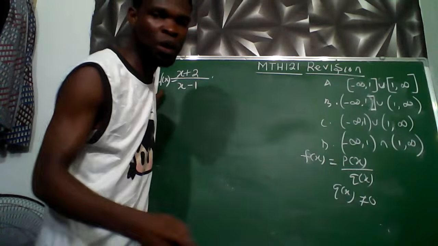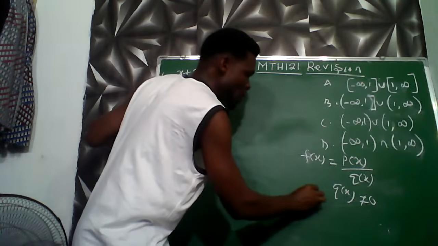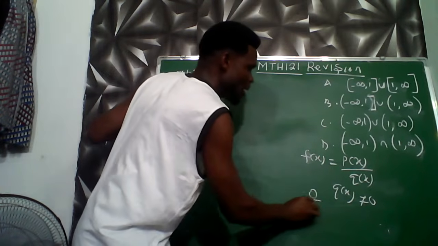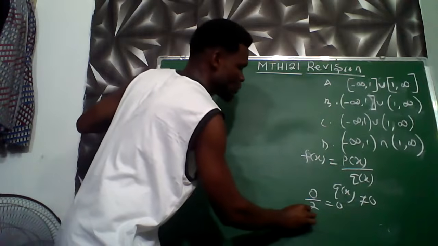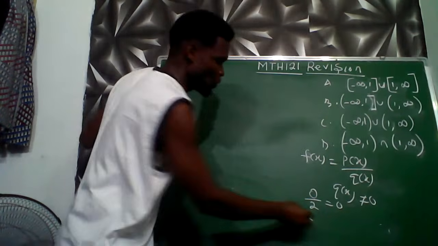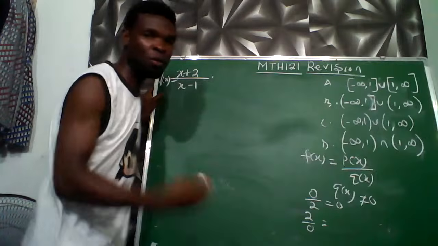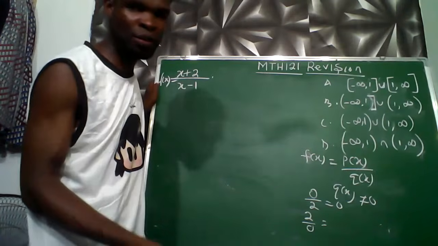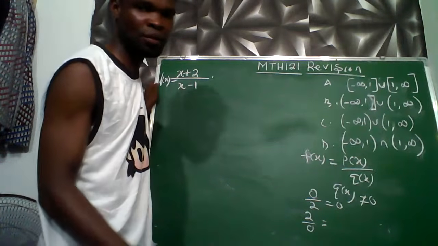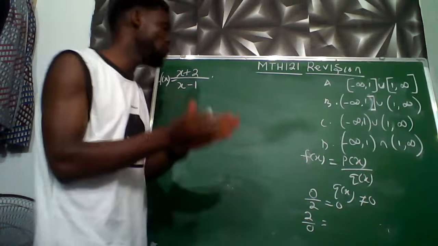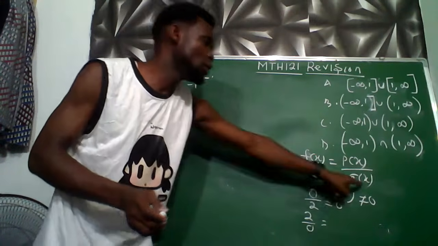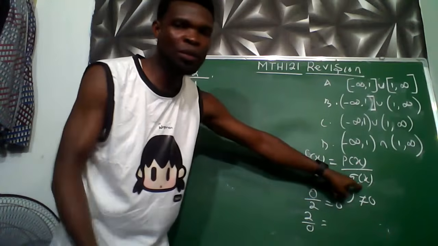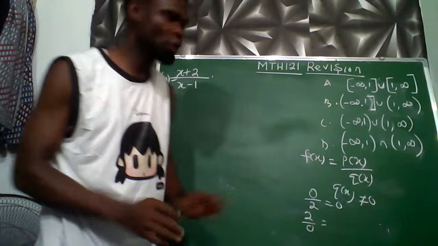If you punch your calculator, 0 divided by any number, the answer is 0. But any number, say 2 divided by 0, you will see math error, undefined. That is to say, it does not exist. It does not make sense. So that means when you are dealing with a rational function, the denominator can never be 0. That's one thing we are trying to say.